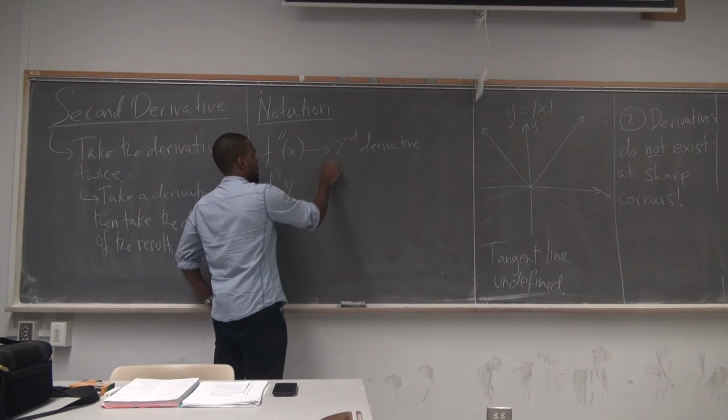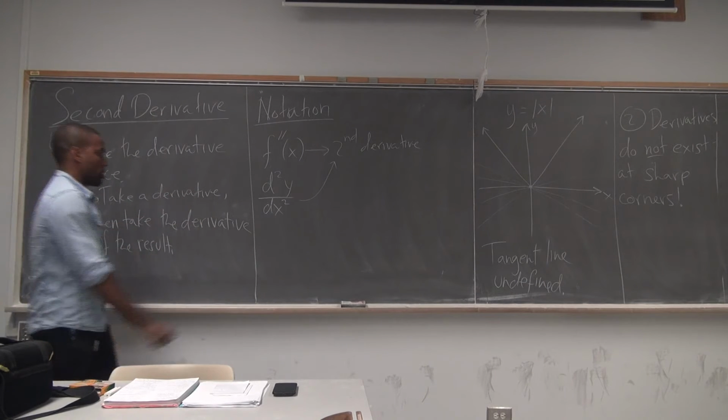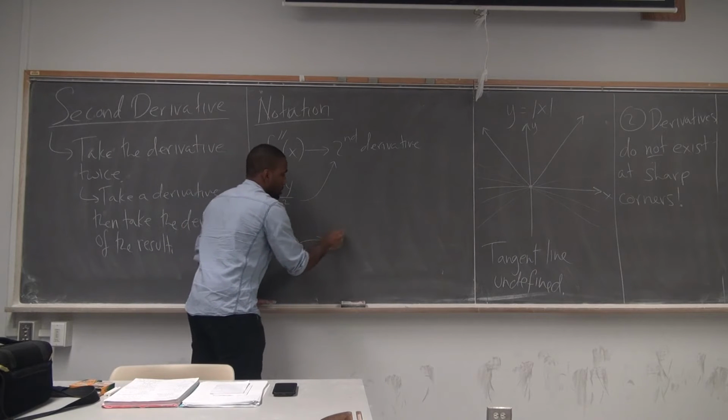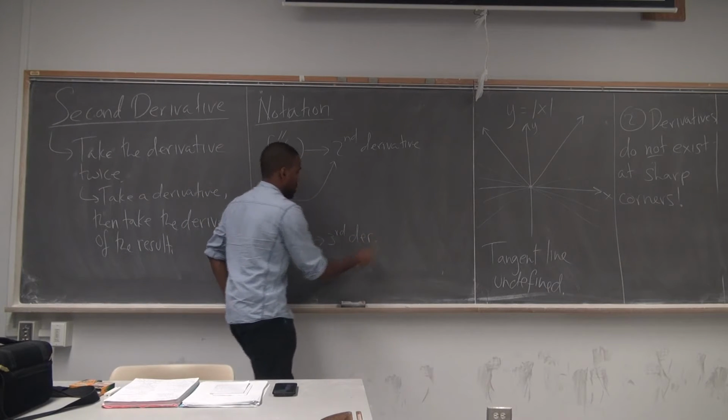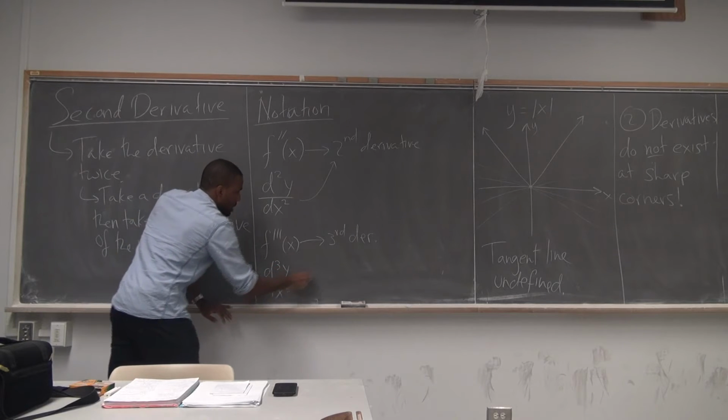That also means second derivative. And the notation generalizes this way. If I have f triple prime, that just means third derivative. Take the derivative 3 times. Or I can have d cubed y over dx cubed, that means third derivative.